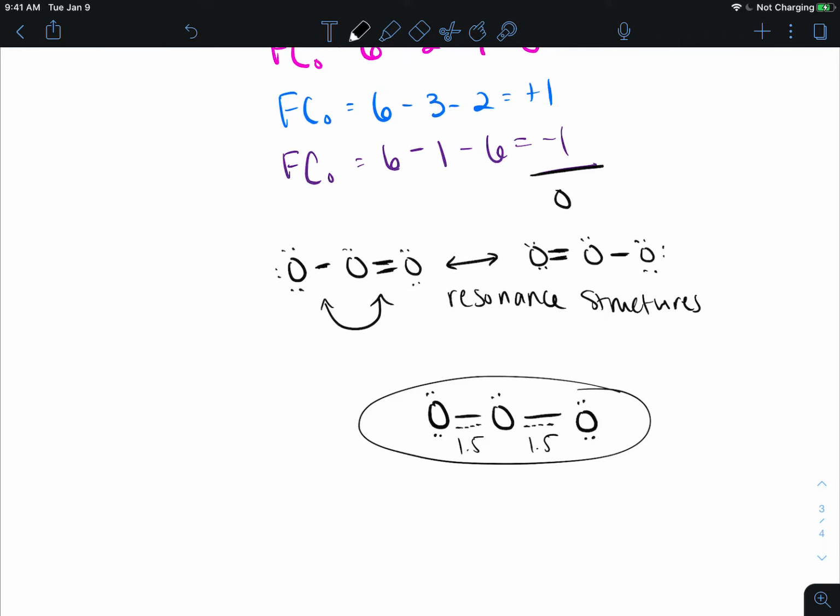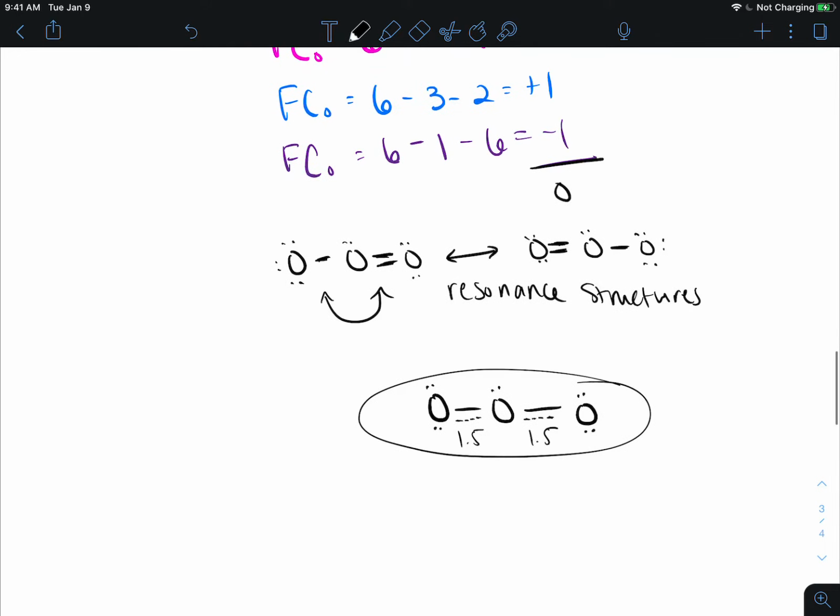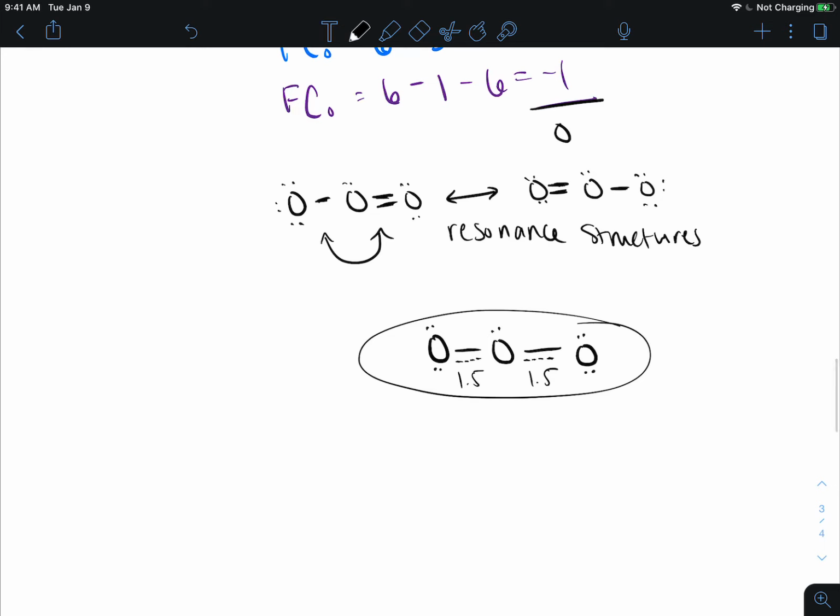So these two above are called resonance structures, and then the one that takes into account all of the things that are going on here is called a resonance hybrid. Okay, so this is going to be an average of the two structures. And we average them because they are equivalent in stability. Both of them are the same stability.